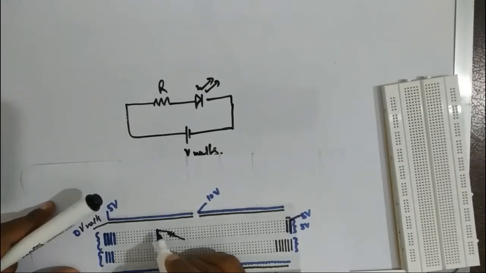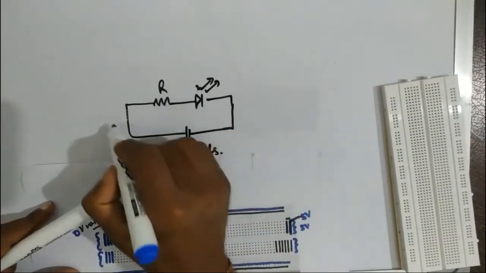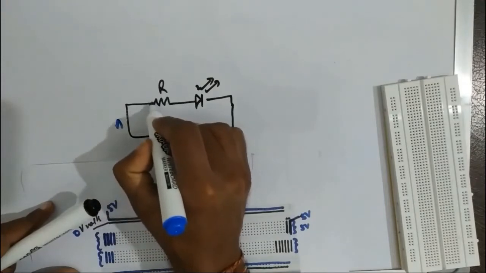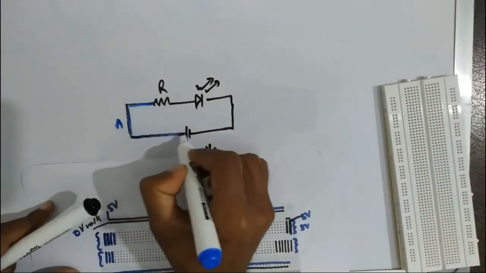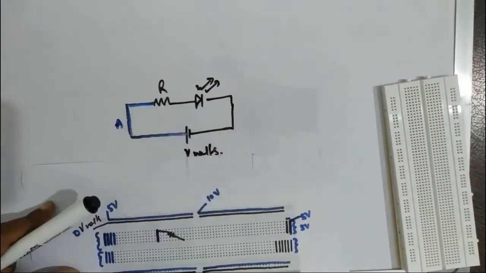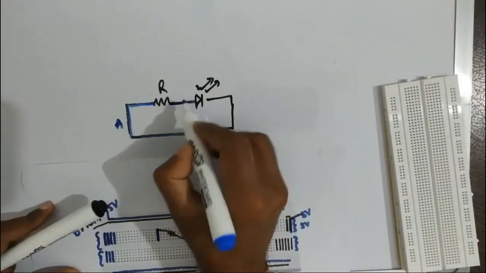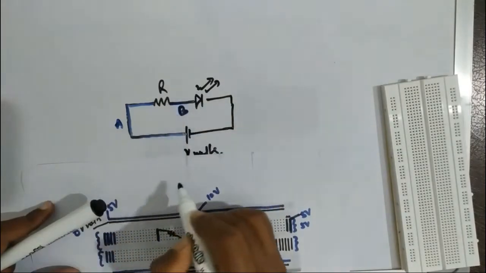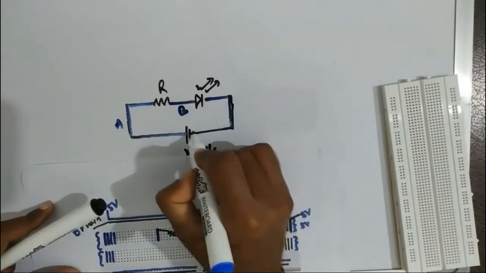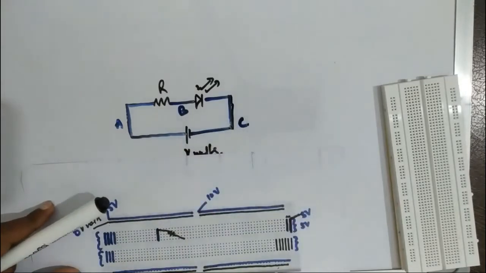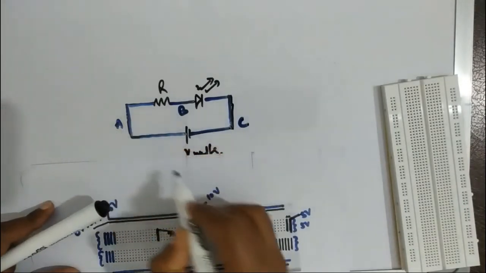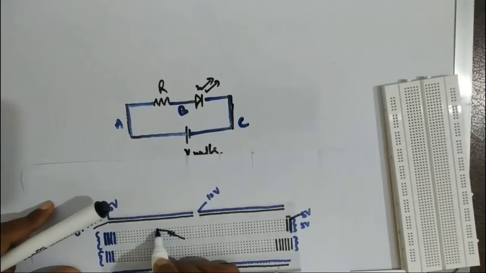Say we name it as point A, meaning all these points from here to here are at the same voltage level, that is A. From here to here, suppose we name it as B, and from here to here we name it as C. So we have connected A, that is one part of the resistor, and this point is A, this point is A, right?